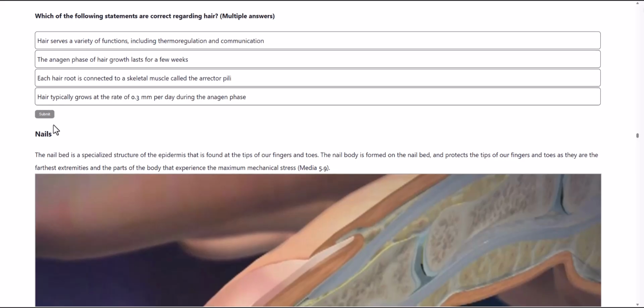Fingernails are another accessory gland in the integumentary system. Again, I am not going to be dealing with the specific structures of the fingernails and of the nails. However, I do want you to know that the nail bed, what you see, is actually an extension of the epidermis. It is meant to protect us, right? It gives us a little more grip and some things that we can do with our fingertips.